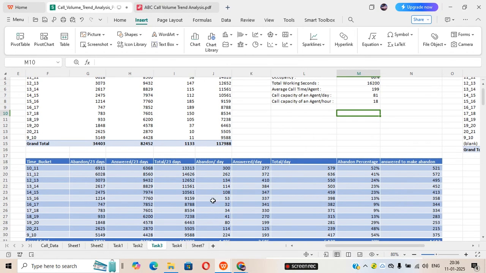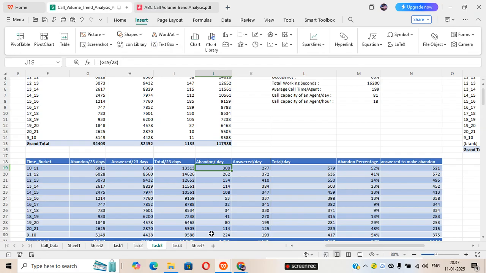Then we are calculating it per day. So how do we get abandoned per day? Abandoned calls per day, we'll be dividing abandoned by 23.